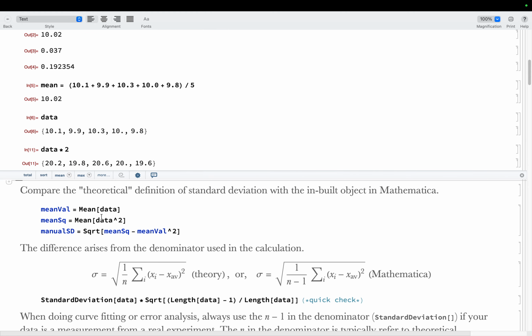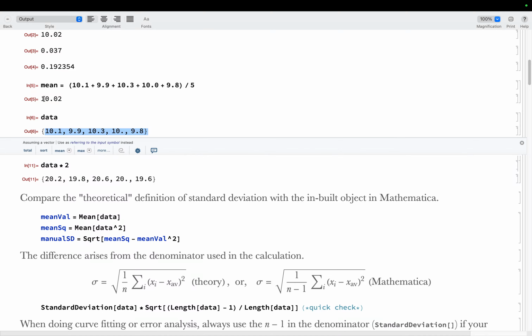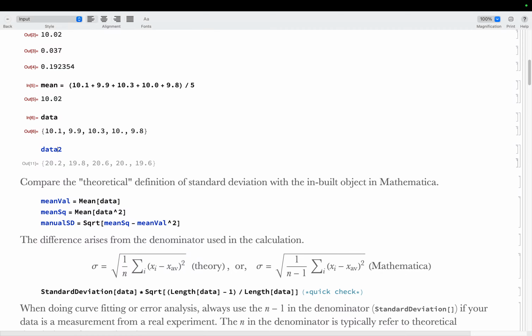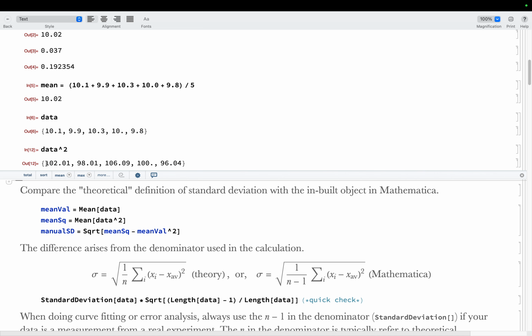So now we calculate here the mean of data. We already obtained this 10.02, and then we calculate the mean of data square. So I can calculate the mean values of this. And then you can calculate the standard deviation.